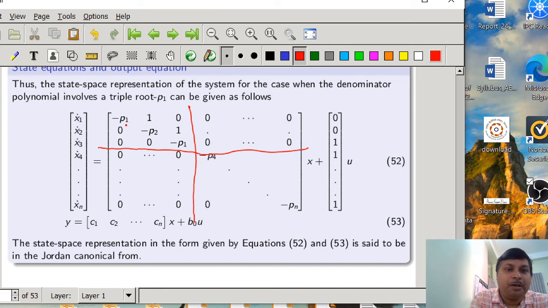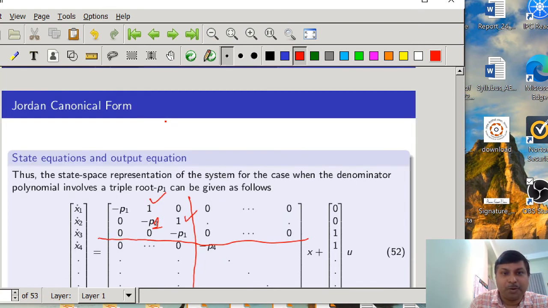And here it will not be p2, it will be p1. So minus p1, minus p1, minus p1 is sitting on the diagonal, but this small matrix is not actually a pure diagonal matrix because off diagonal terms 1, 1 are present.